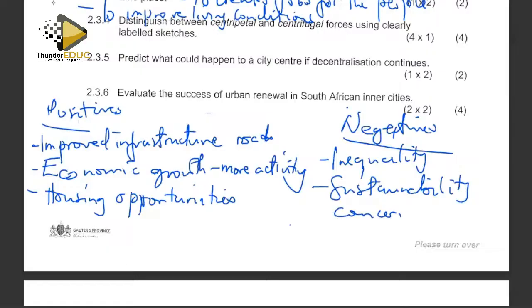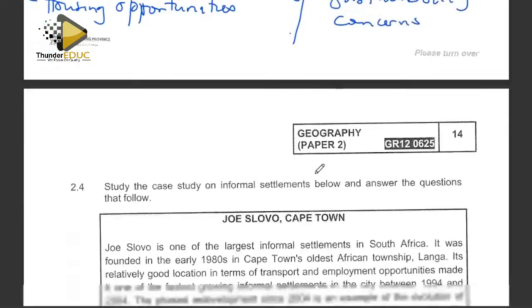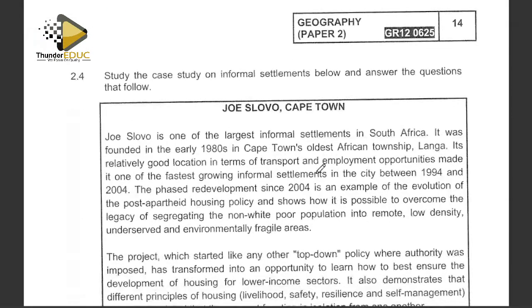Are those buildings going to be maintained, or are they still going to go back to their old dilapidated state because of lack of maintenance? So we need to check also on issues like sustainability concerns. Inequality: people who are supposed to benefit did not benefit from urban renewal. There are people staying in informal settlements who could also have benefited, but they are not benefiting anyhow from the whole process.